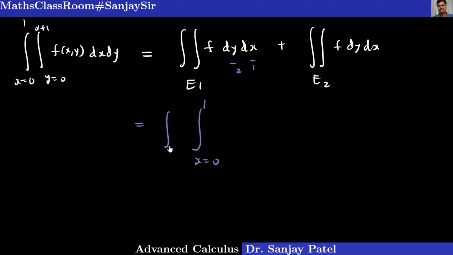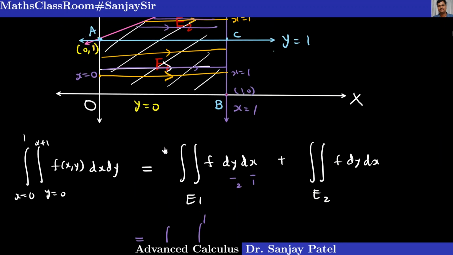And how does y change? Limits of y are constants, which we integrate in the end. You can find the limits of y by entering this region and coming out of this region. When you enter the region E1, the minimum value of y is on the x-axis, which is 0.